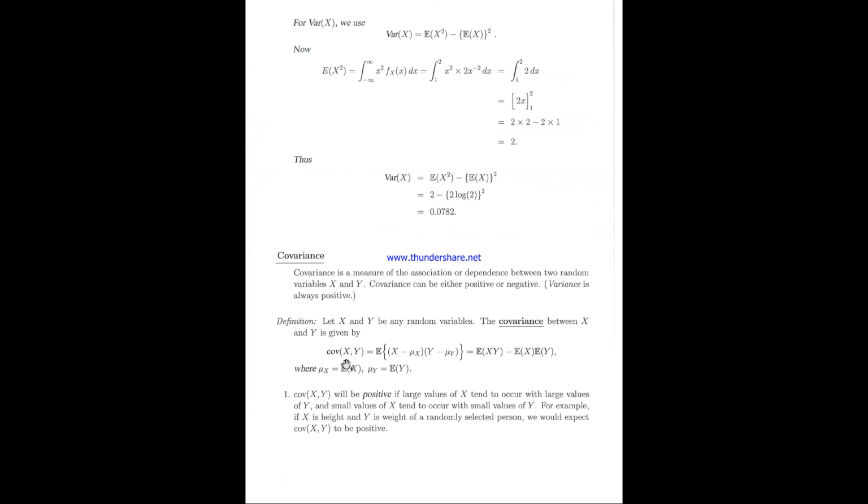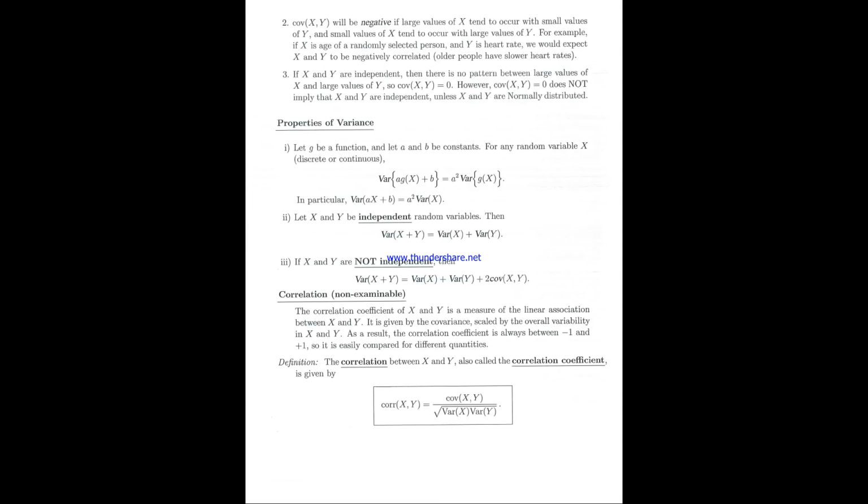You can observe a positive value for the covariance between two random variables if large values of random variable x are associated with large values of random variable y, or small values of x are associated with small values of y. If that is your case, we can observe a positive figure for the covariance.